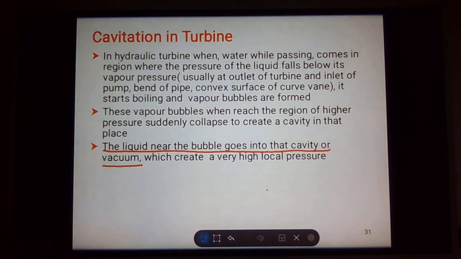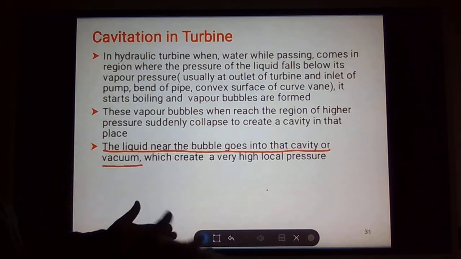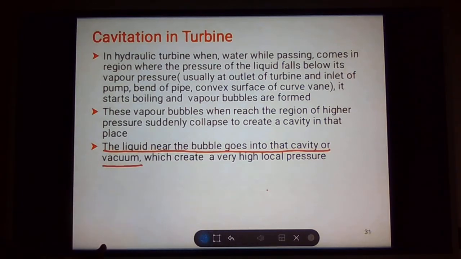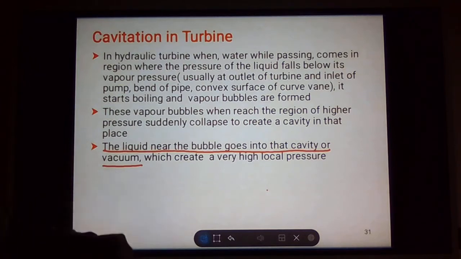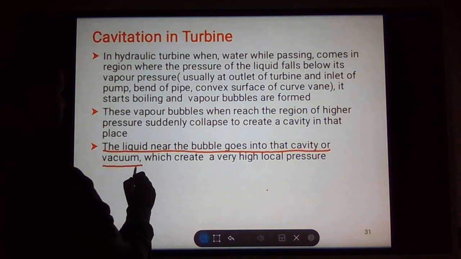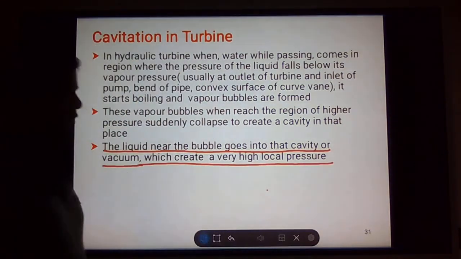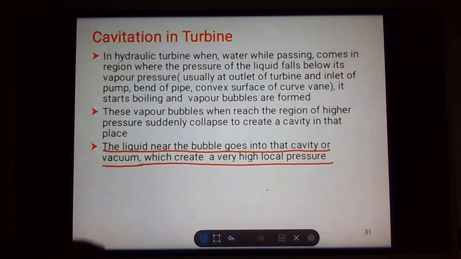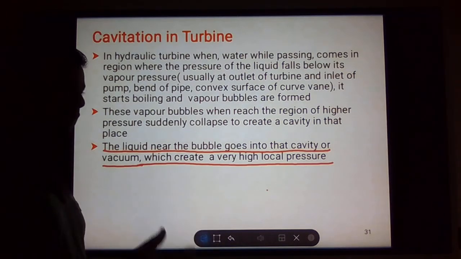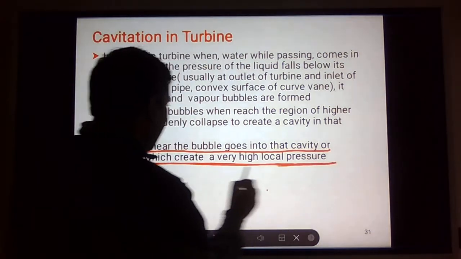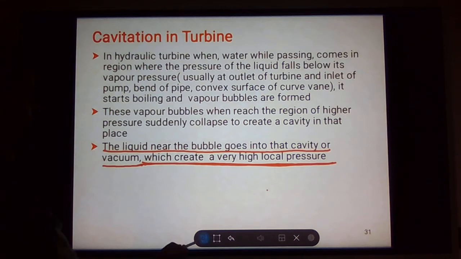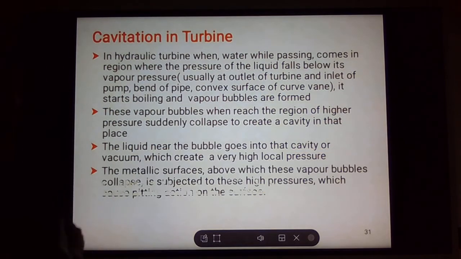When the cavity is formed, the liquid around it comes into the cavity, and this creates a local high pressure. With the liquid displacing from one place to another, this creates a very high local pressure at that point.